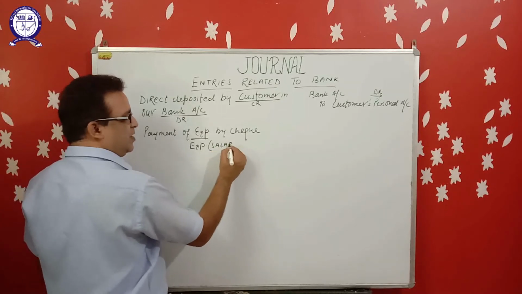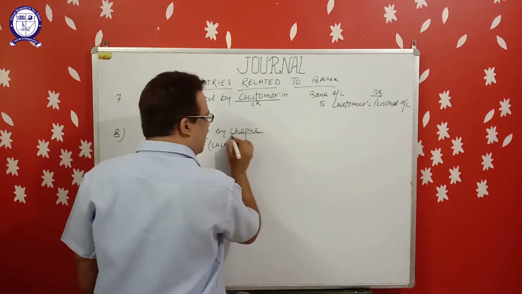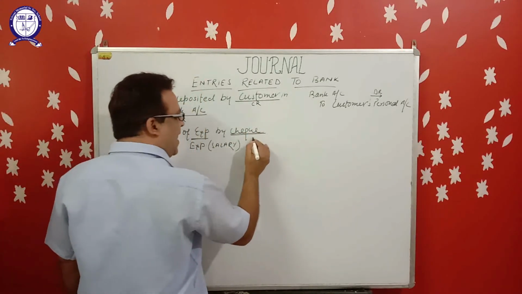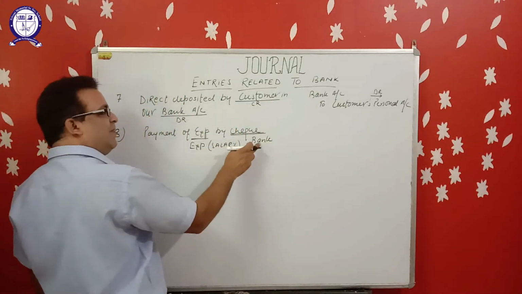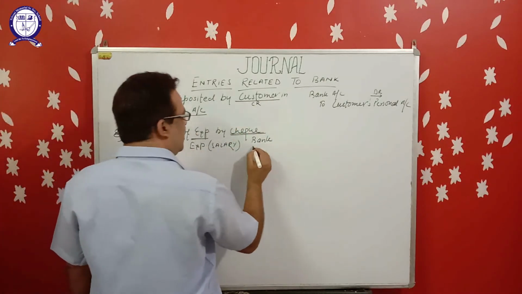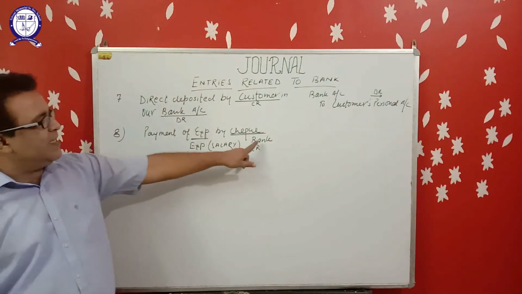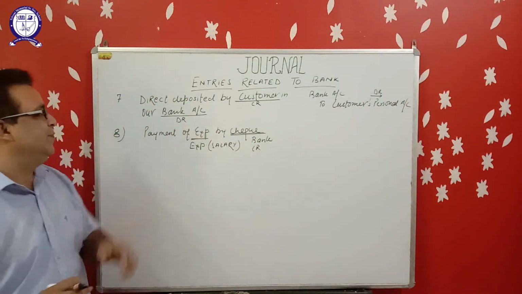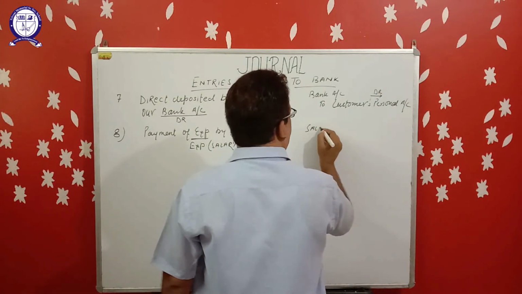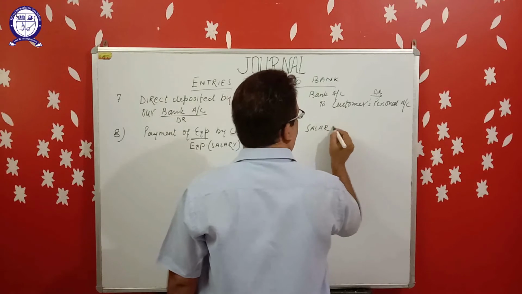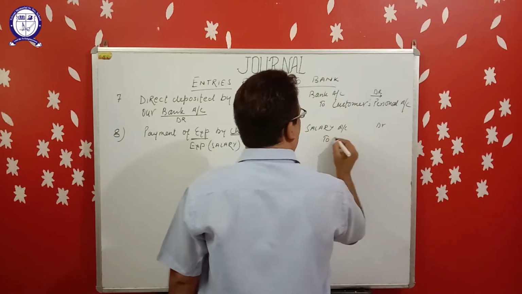Salary. Second, when we pay the amount by check, our bank balance will reduce. So second account affected is bank account. Now bank balance is reducing, that's why this account will be credited. The journal entry will be salary account debit to bank account.